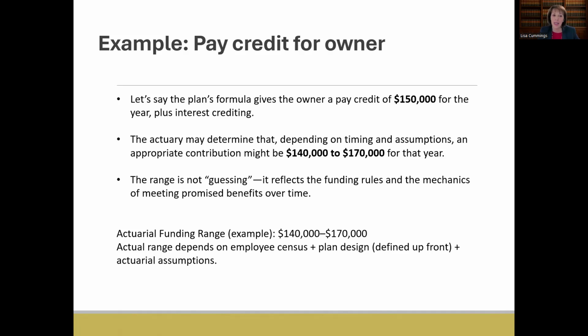The range isn't guessing, it reflects the funding rules and the mechanics of meeting the promised benefits over time. And then in each particular situation, there will have to be for every participant a similar pay credit. Also, in aggregate, it is the employer that must fund for all of the underlying employees on an annual basis.